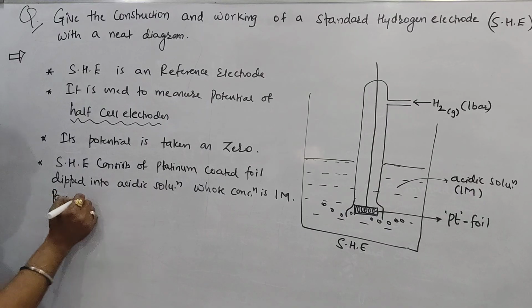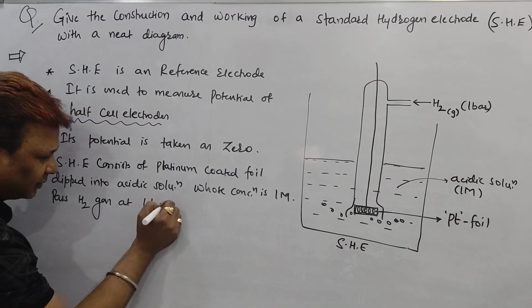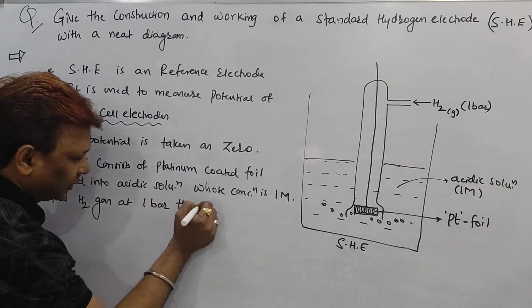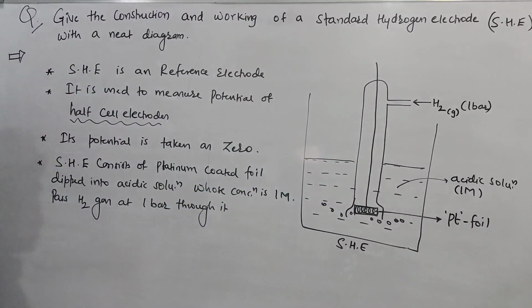Pass H2 gas at 1 bar through it. Yes, beta, passing H2 gas through this at 1 bar. So pass the H2 gas at 1 bar through it.